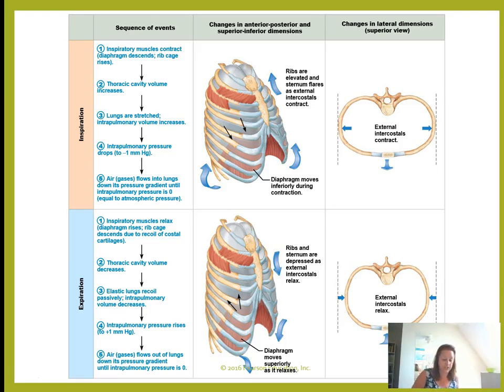And I really think that you should take some time to really look at this. Muscles contract, volume increases, pressure goes down, air goes in. Relax, volume decreases, lungs recoil, pulmonary pressure rises, air comes out. All right, so it's about pressure. But take some time with this one. It's a really great image.